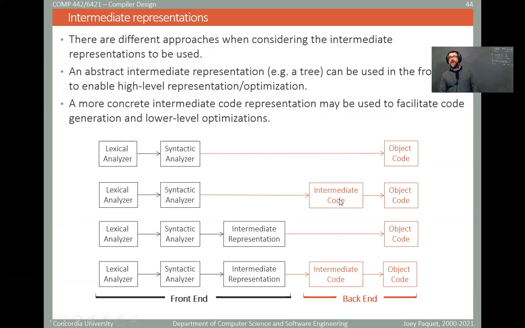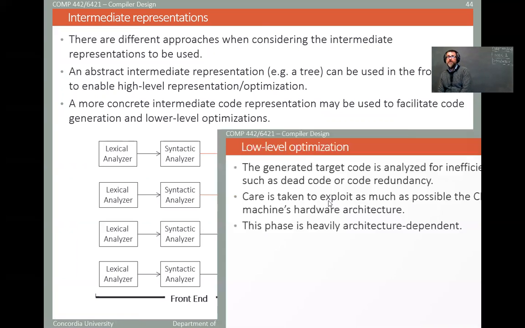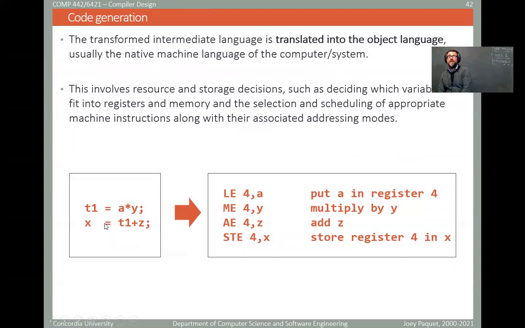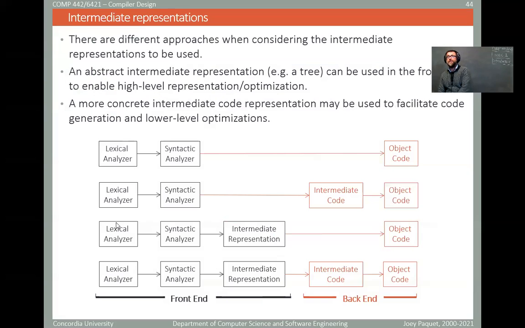Whereas you can also have intermediate code, such as I had here. So that would be intermediate code, whereas a tree is an intermediate representation. You can have either intermediate code or intermediate representation. You can also have both.